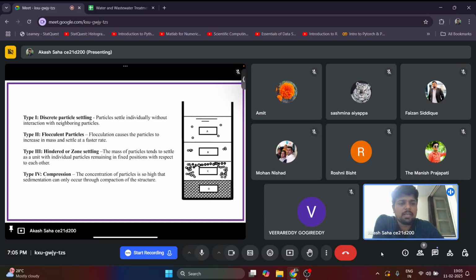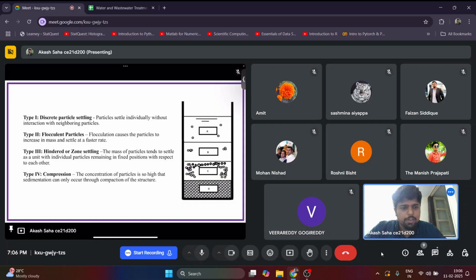Then flocculent settling means the particles will change their mass and shape with time. These particles tend to agglomerate with each other. They will come closer, interact, grow in size and then settle faster. As you all know, as the size increases, the particle settling velocity increases.